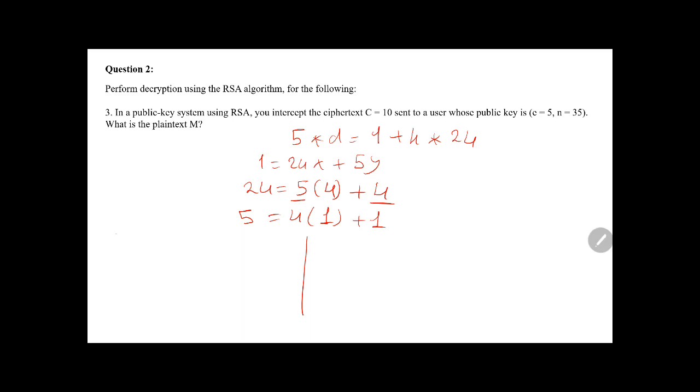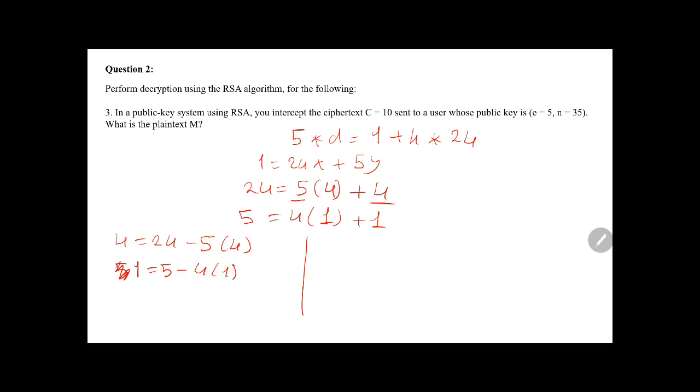So 4 equal to 24 minus 5 multiplied by 4. We have 5, sorry, it's not 5, so we have 1 equal to 5 minus 4 multiplied by 1. So these are our two equations.